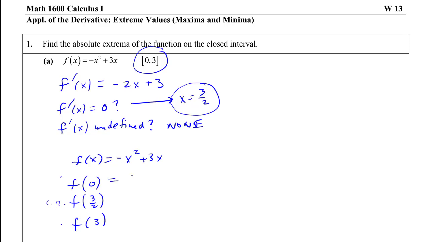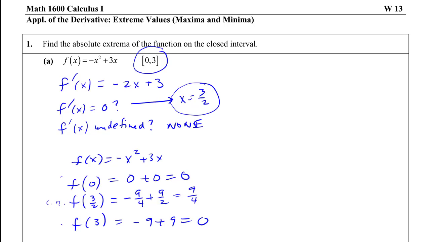At 0, I would get 0 plus 0 is 0. At 3 halves, I get negative 9/4 plus 3 times 3 halves is 9 halves. That gives me 9/4 if I add negative 9/4 and 18/4. All right, f of 3 would be negative 9 plus 9 is 0.